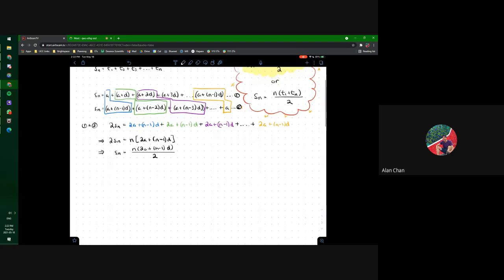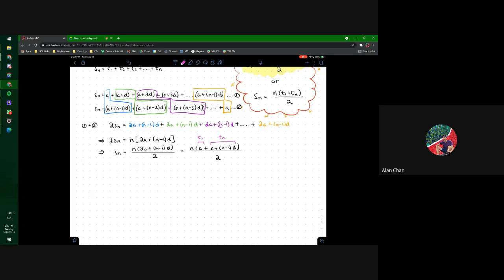You can also split this up into two terms, as you can see here. If you want, you could write this as n times (A plus (n minus 1)D) over 2. And you can see that this term over here is just A, which is just T1, the first term in your sequence. And this should be very familiar.